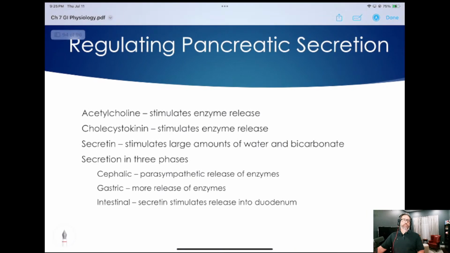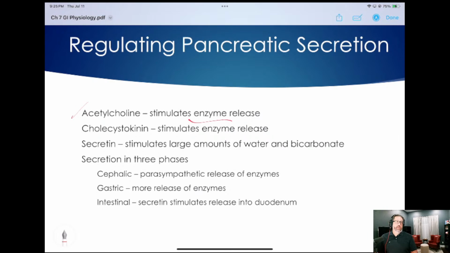Let's think about this again from digesting food or not digesting food, parasympathetic versus sympathetic. Parasympathetic, we want to digest our food. So acetylcholine, we know, is a parasympathetic neurotransmitter. It's going to stimulate enzyme release because we're digesting our food.